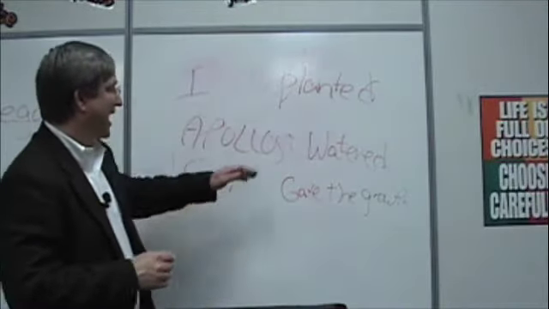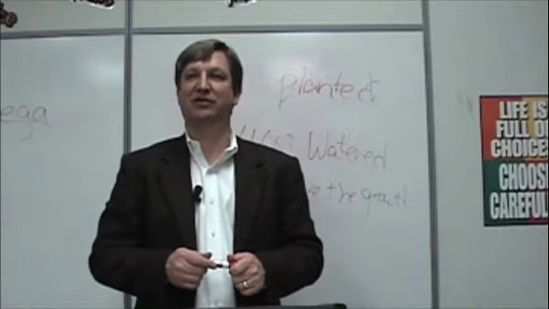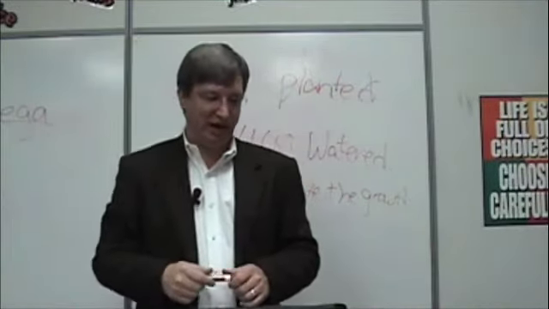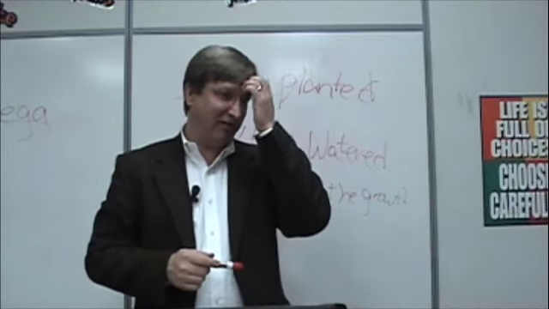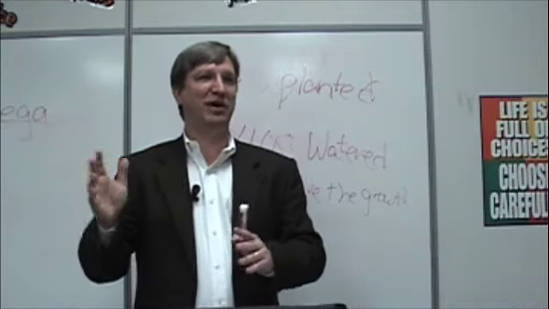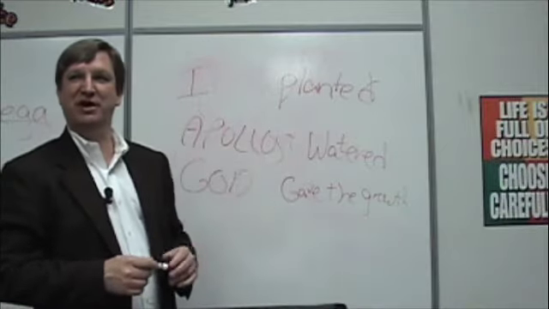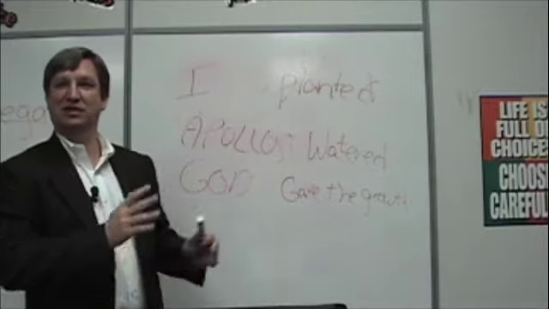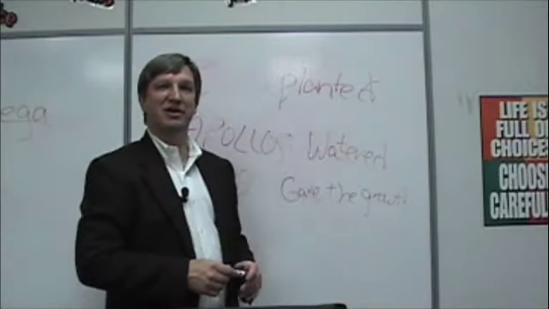When Paul said, I planted, he used what we call the aorist tense, spelled A-O-R-I-S-T in English. The aorist is the simple past, something that was done in the past. Paul said, there was a time that I planted.